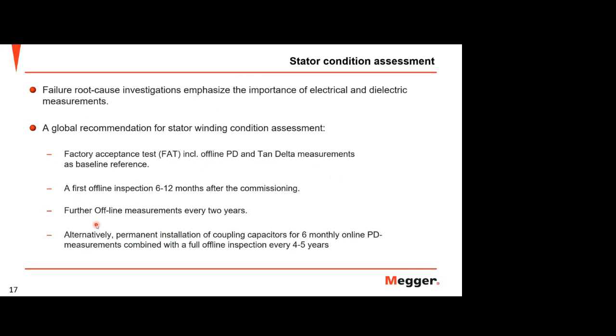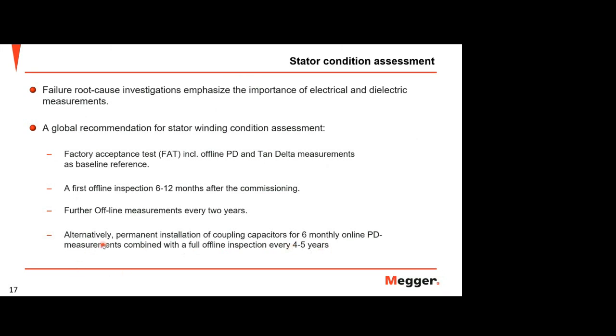And also maybe further offline measurement every 2 years, and then you can compare the recent result with the trending data from the previous result. Or alternatively, you can install a permanent installation of the coupling capacitor for 6 monthly online PD measurement combined with full offline inspection every 4 or 5 years.